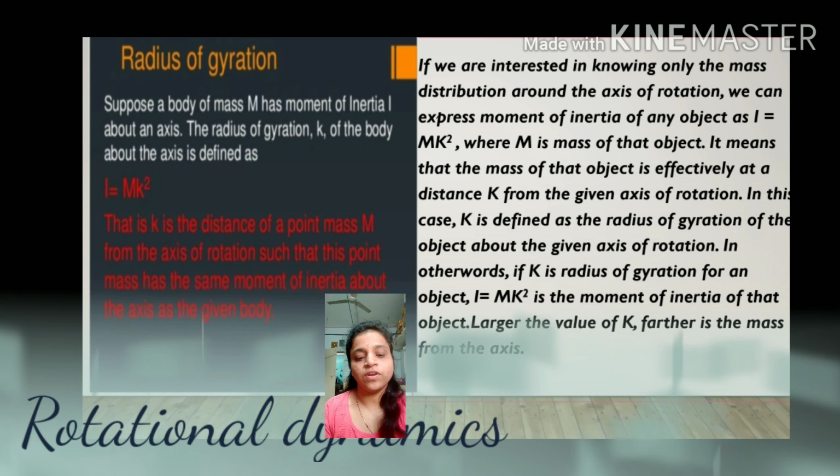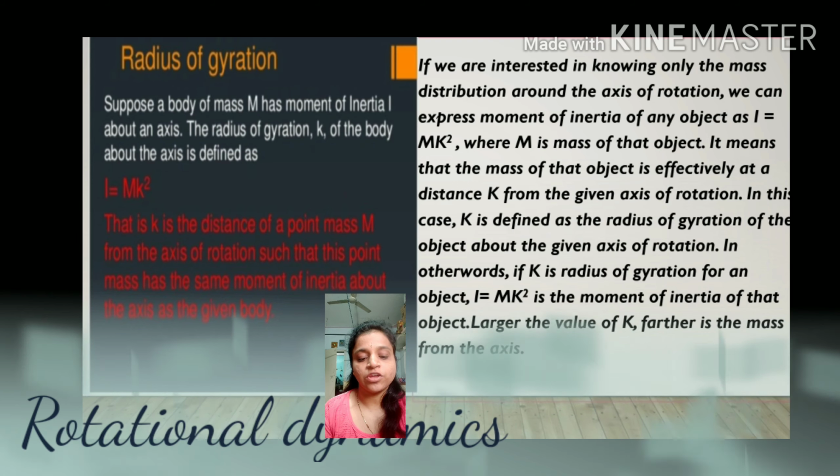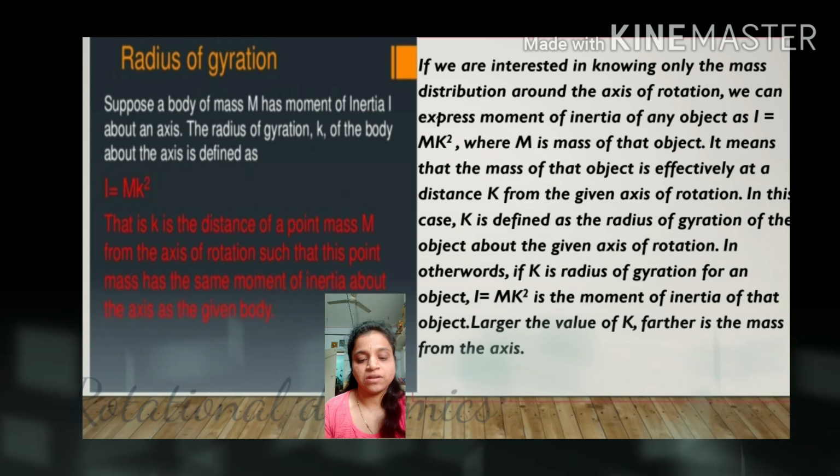For a given moment of inertia of that object, the larger the value of k, the farther is the mass from the axis. Obviously, if the value of k is larger, the mass is farther from the axis, that is, the radius of gyration will be larger.